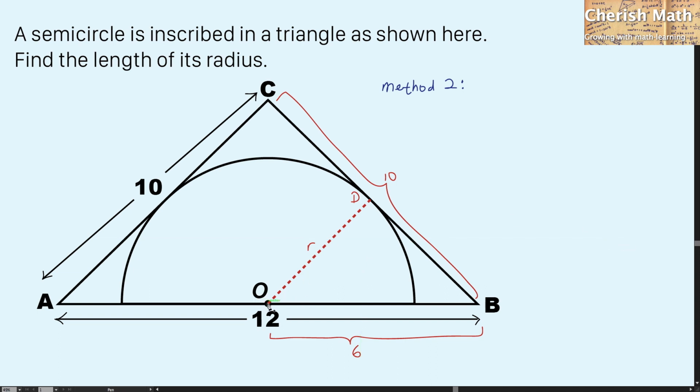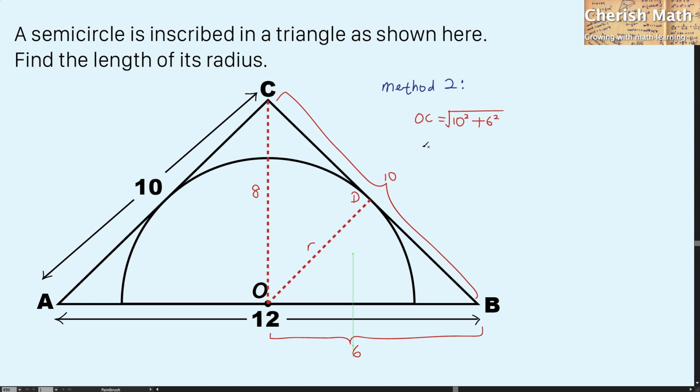Let me connect a line from O to C. I know that OC is 8 units, the height, and I got it simply by using the Pythagorean theorem: the hypotenuse 10, squared, minus the square of 6.